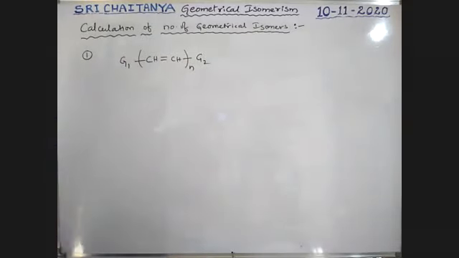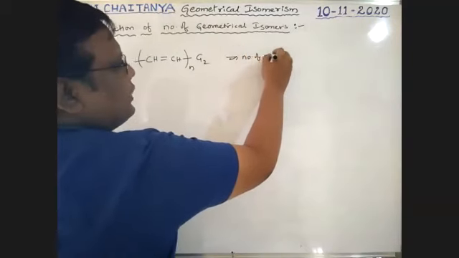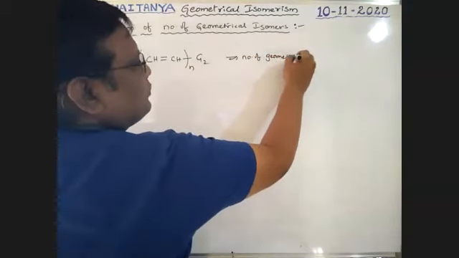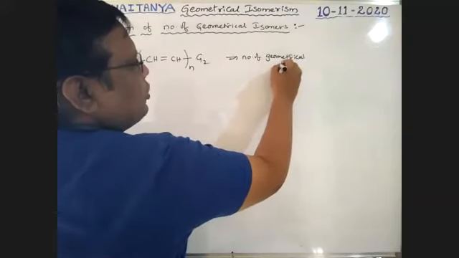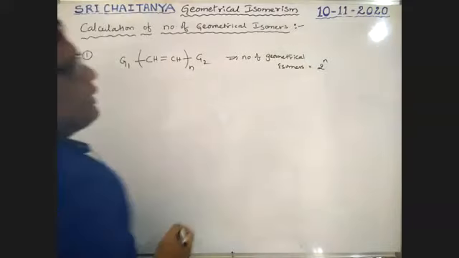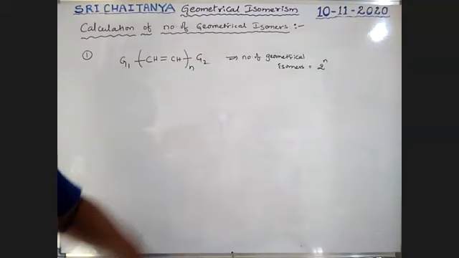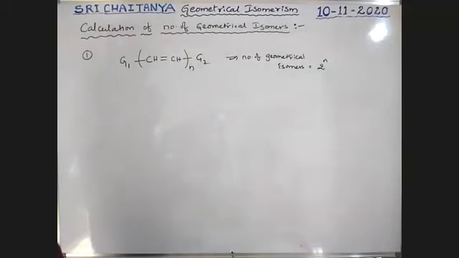Both the groups are not same. Then number of geometrical isomers in this case is 2 power n. N is the number of pi bonds, that is the number of double bonds. N is equal to number of double bonds, boys.